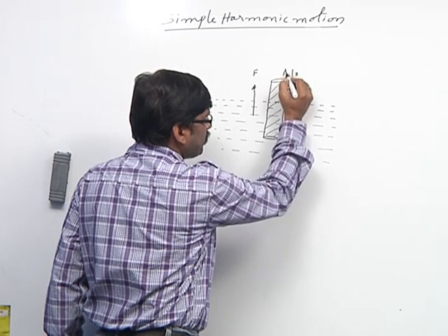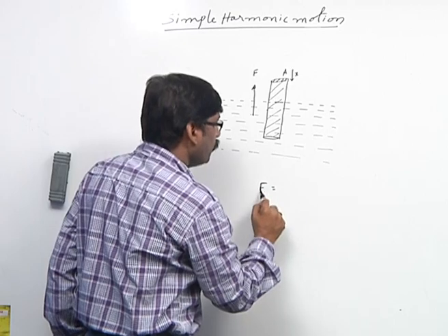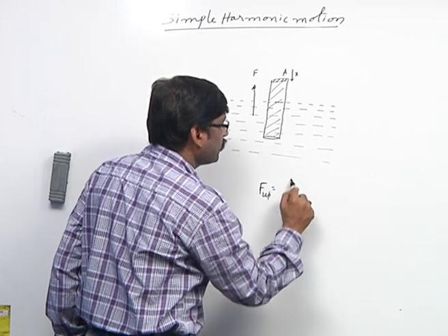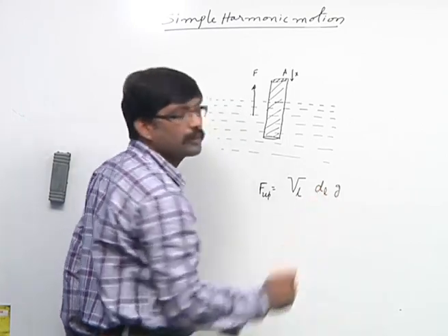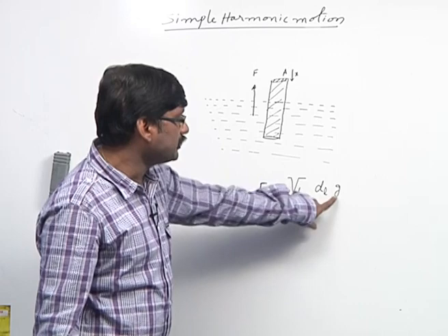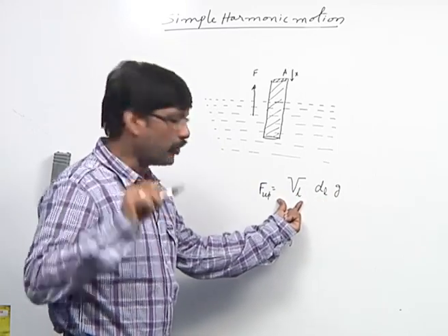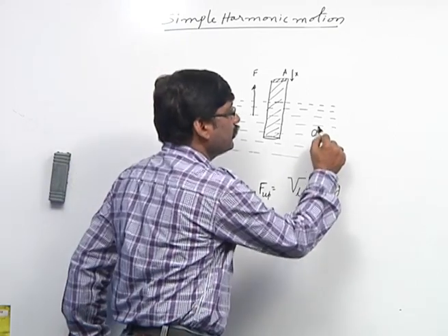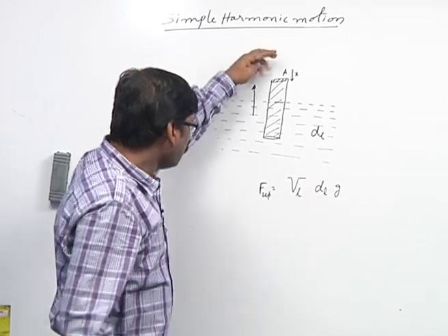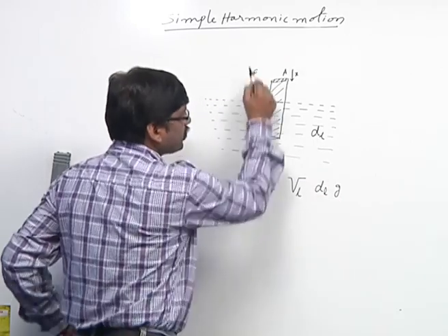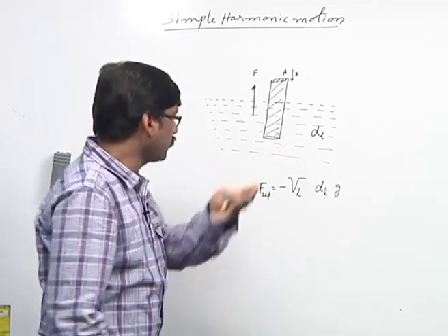If A is the area of cross section of this cylinder, the upthrust is always V_L d_L g. What is V_L? The volume of the liquid displaced by the body. d_L is the density of the liquid. g is the acceleration due to gravity. When I am compressing down, the upthrust is acting up, so there is a minus sign. The upthrust tries to push it back.